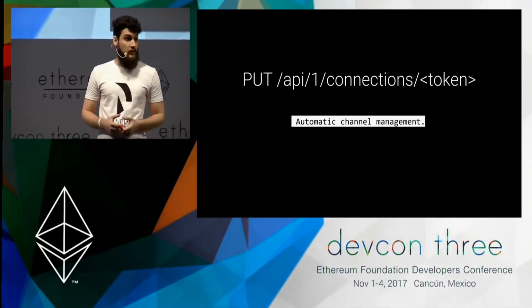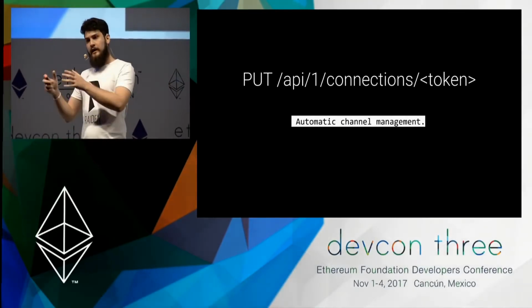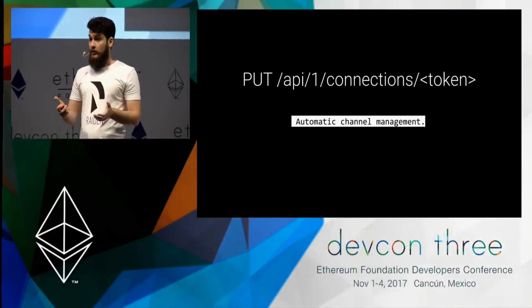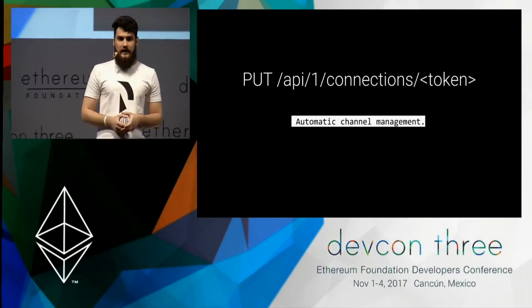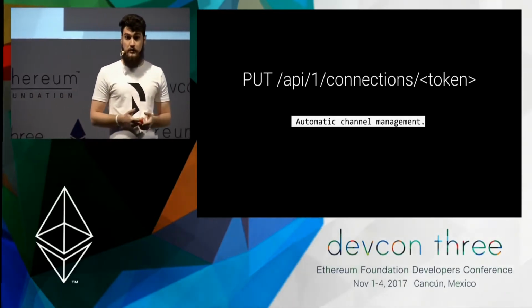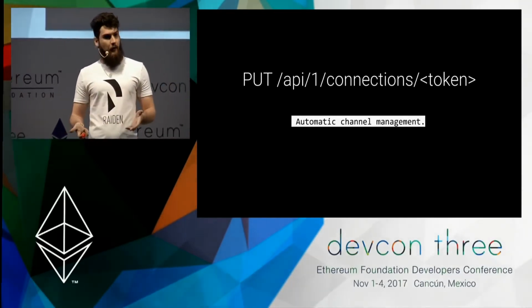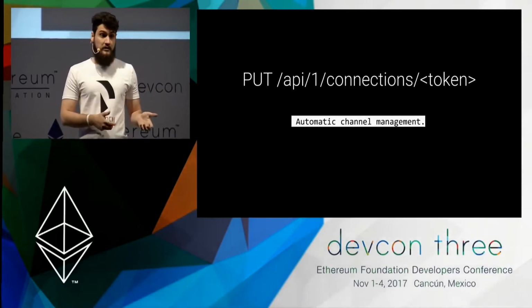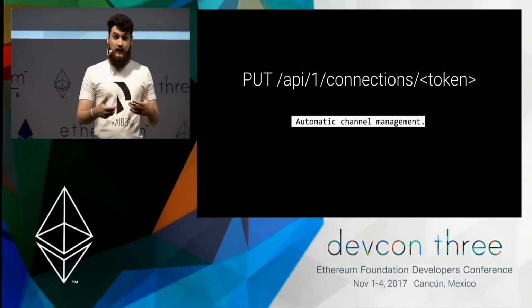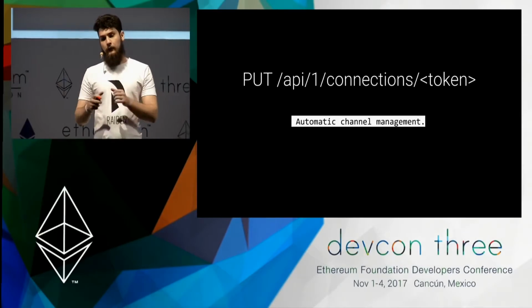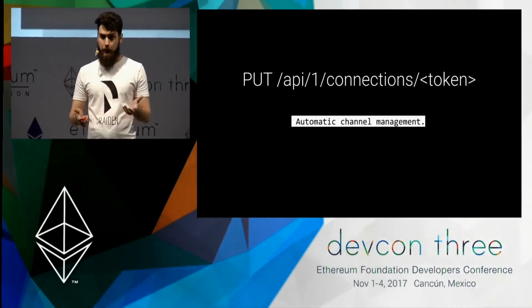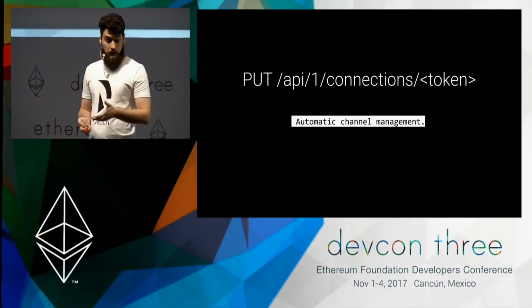Our goal is to never start using the tokens for that account that's configured with Raiden without the user's permission, and you need to use that endpoint telling us how much funds you want to use. Once you have used the endpoint, Raiden knows which funds you want to use and how much of it you're allowing Raiden to use, and then Raiden will manage channels for you on your behalf. So that's the automatic channel management.